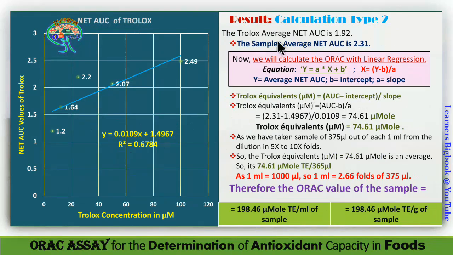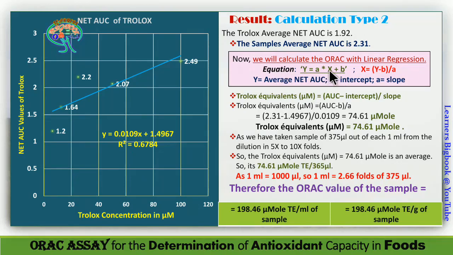In this calculation type 2, the only thing which we have changed is calculating the result with the help of the linear regression equation, that is y is equal to ax plus b. It is also called mx plus b in some papers.